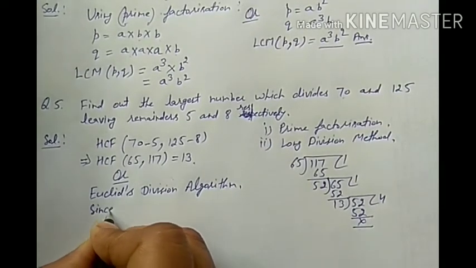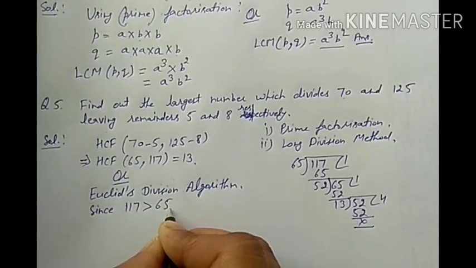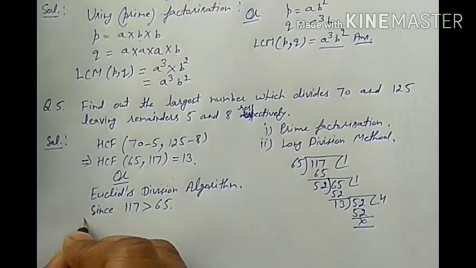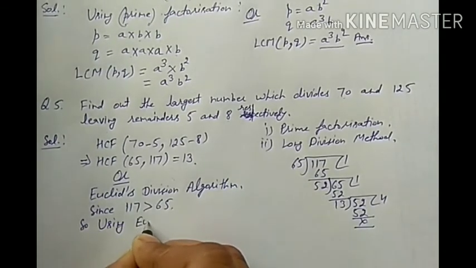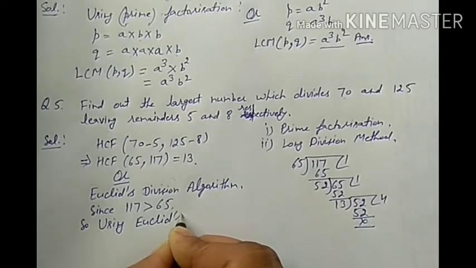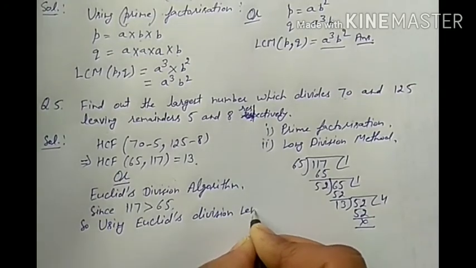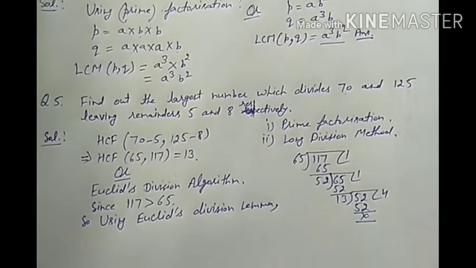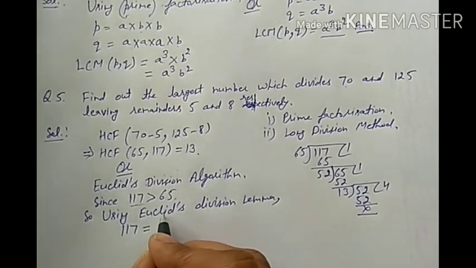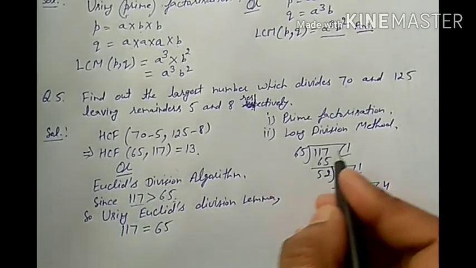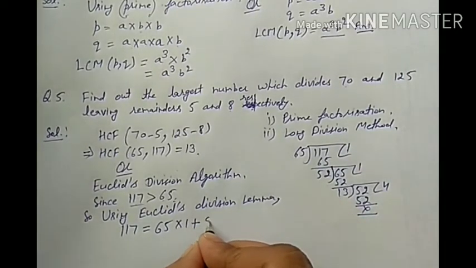Since 117 is greater than 65, so using Euclid's division lemma, what is the Euclid's division lemma? That dividend 117 is equal to divisor into quotient plus remainder 52.